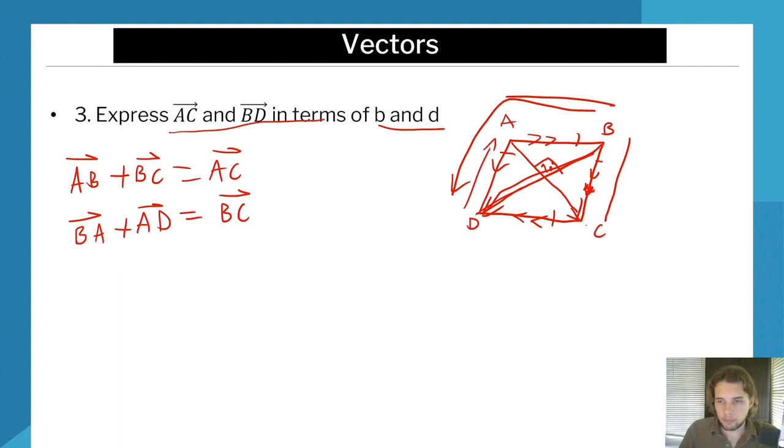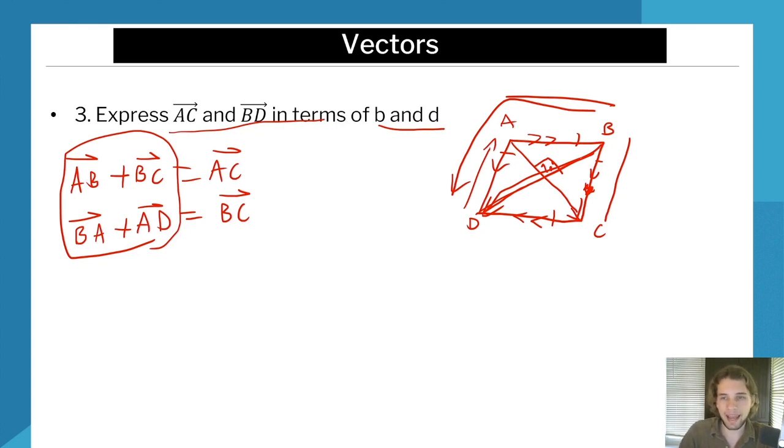So now that we're here, we can start making these two look more similar to each other so that we can work with them, cancel things out and such. So let's look, okay, A to B and B to C, let's keep that.